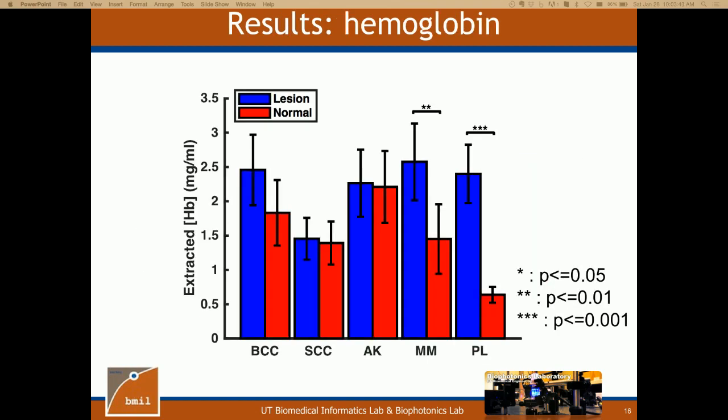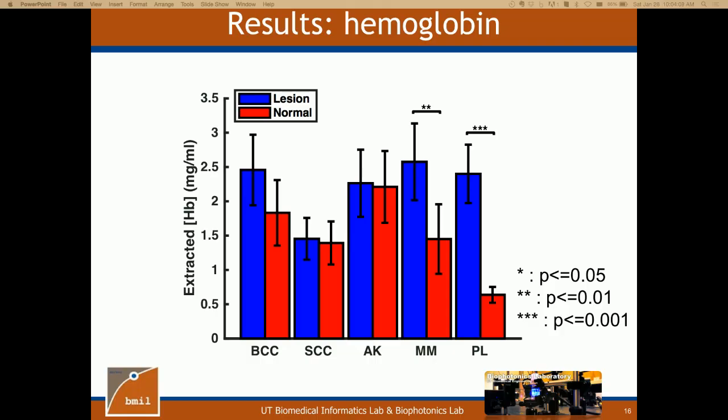For the hemoglobin, we see significantly higher hemoglobin concentration in melanoma than their corresponding normal skin. And a similar trend in BCC versus the normal.